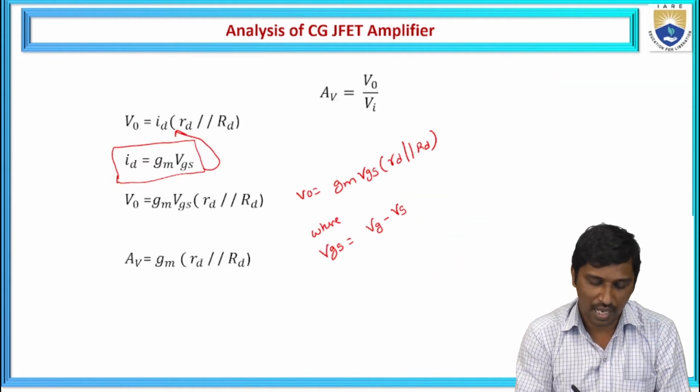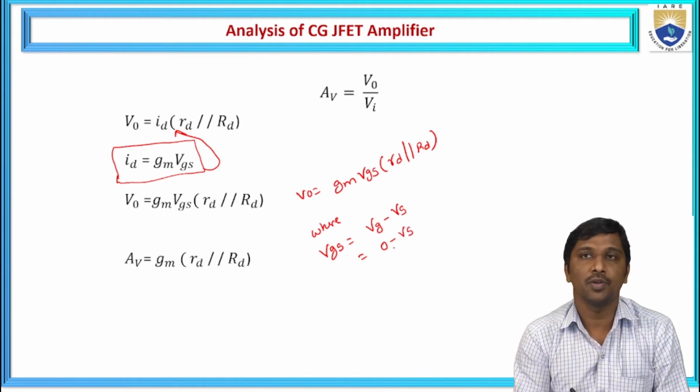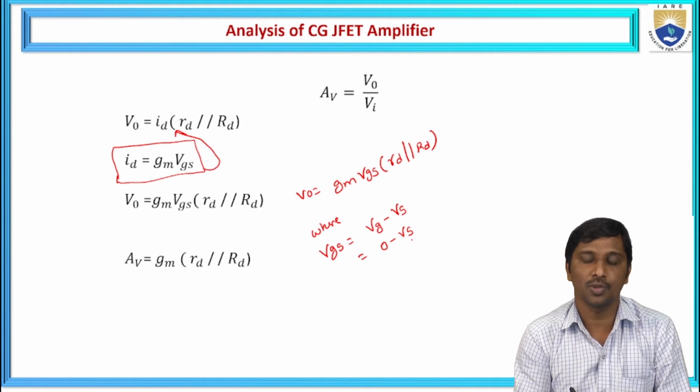Hence, VGS is 0 minus VS, so we need to find the voltage drop across the source.